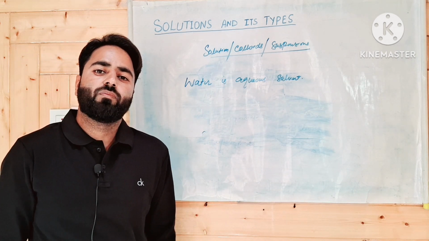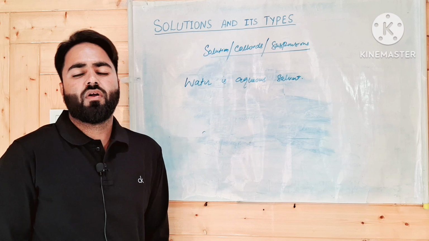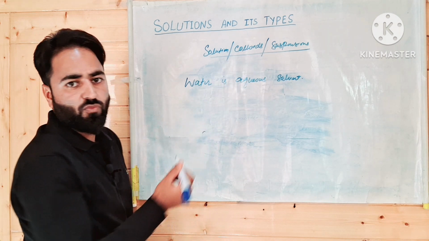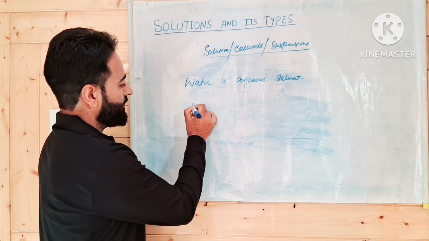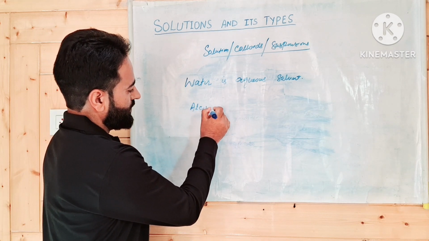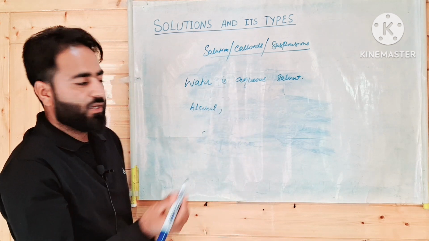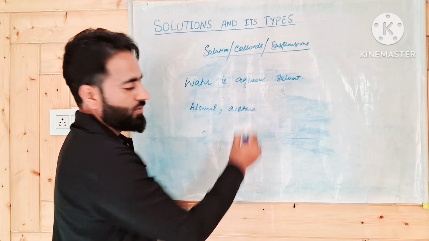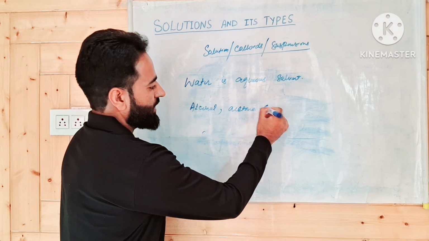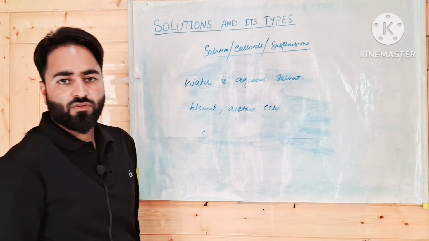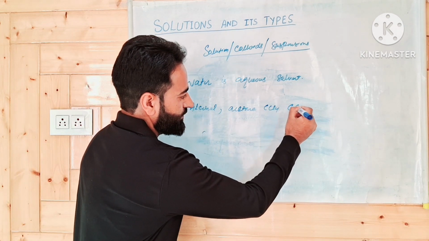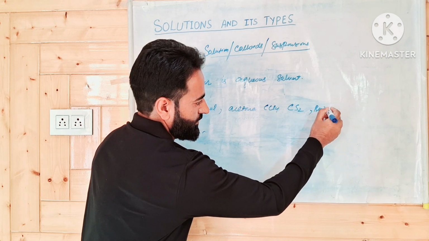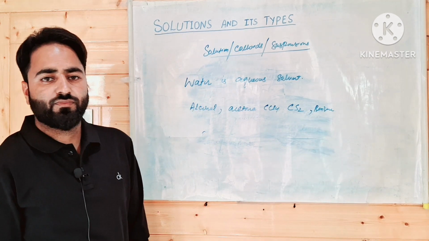We can have many organic solvents also. For example, we can have alcohol, we can have acetone, we can have carbon tetrachloride, carbon disulfide, and also benzene as solvents.